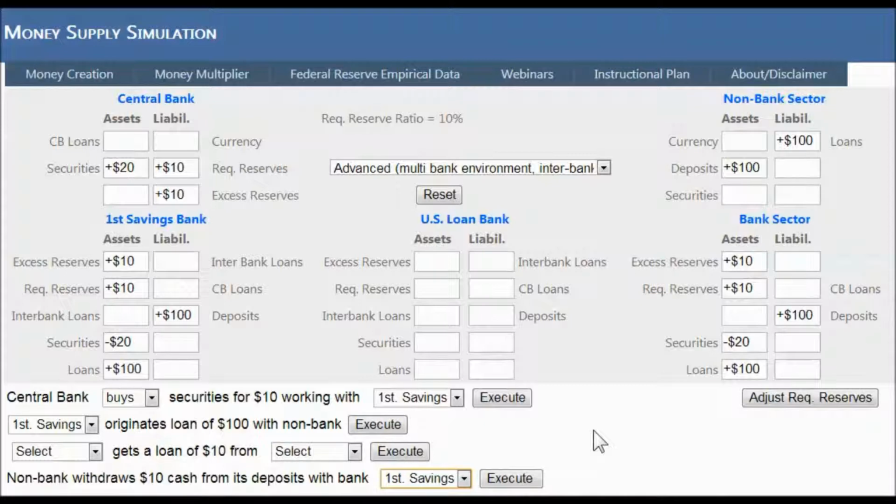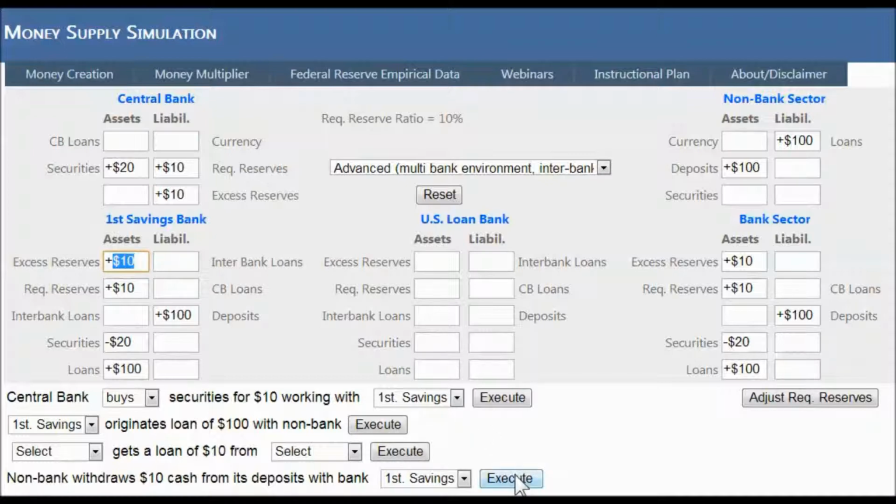The advanced scenario introduces cash withdrawals in a multi-bank environment. Here one bank, the First Savings Bank, is already equipped with $20 of reserves, has originated a loan and therefore deposits, and fulfills its required reserves. Now we explain to students that the customer wants to withdraw $10 from their deposits. Since the First Savings Bank cannot print the money, First Savings has to buy the cash from the central bank using their excess reserves.